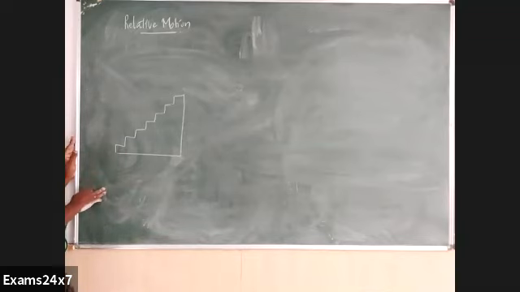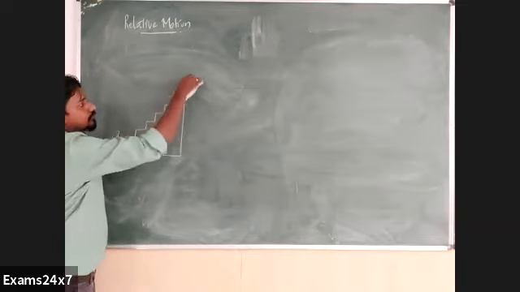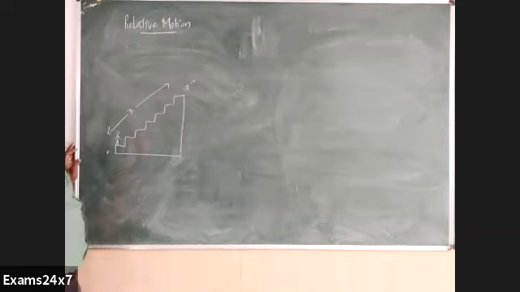Some cases related to relative velocity. A person used to stand on an escalator to reach from the ground floor to the first floor. That means the distance traveled is x, and he used to take time t1.